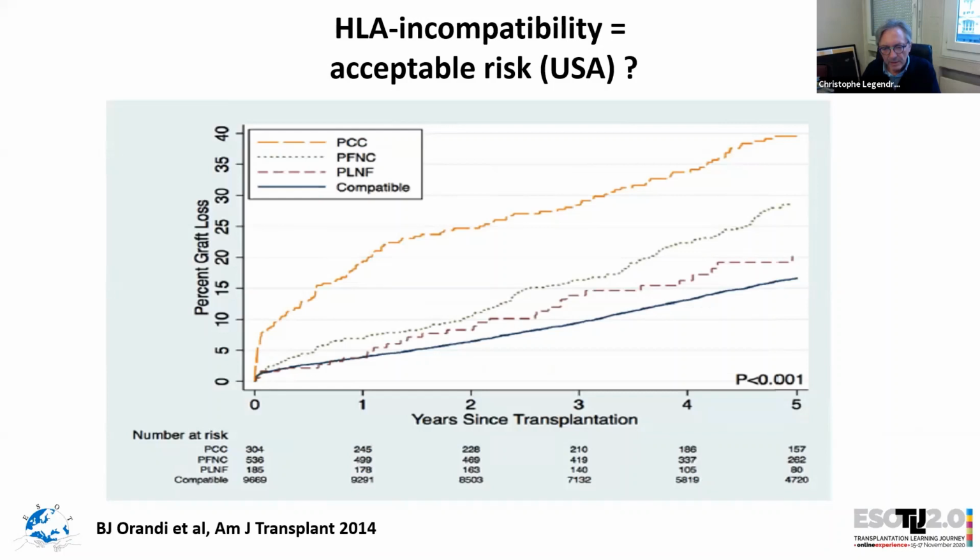And finally, on top, you see patients with a positive CDC cross-match who have a very high level of acute rejection. So it's better than nothing, but it conveys a risk of acute antibody-mediated rejection.